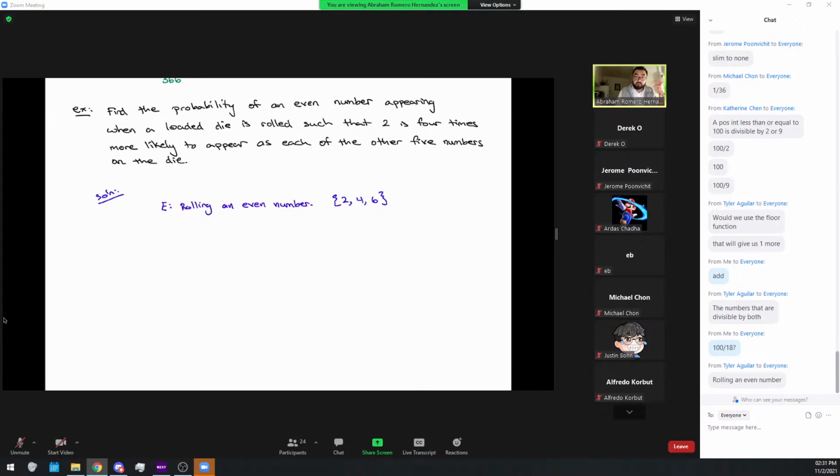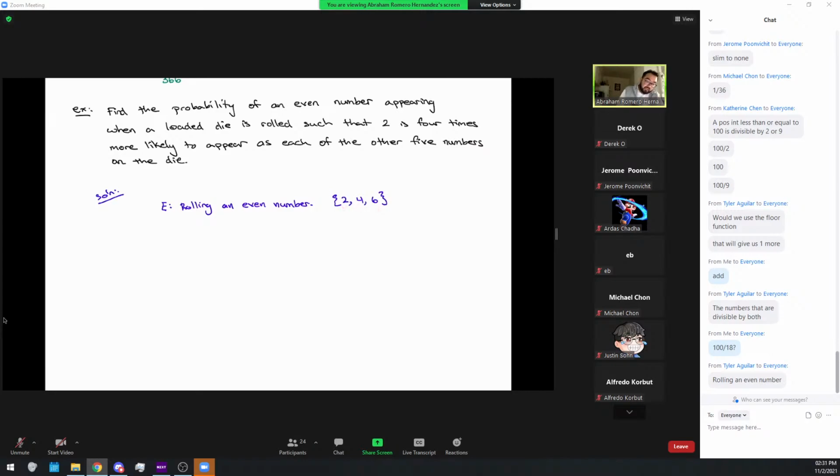Those are the only even numbers on a 6-sided die. Obviously, this is for a fair 6-sided die. Obviously, this die is loaded, but we'll get to that in a sec. So, on a 6-sided die, to have an even number, the only possibilities are 2, 4, 6.